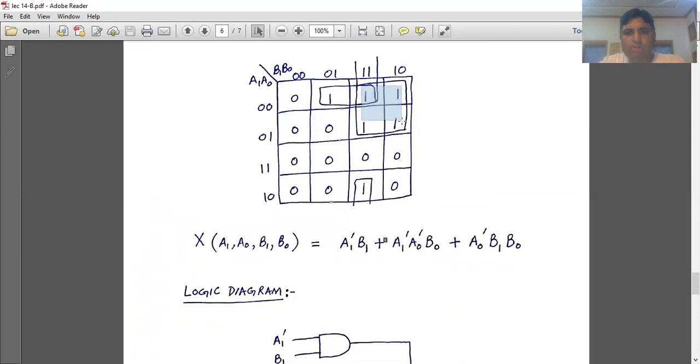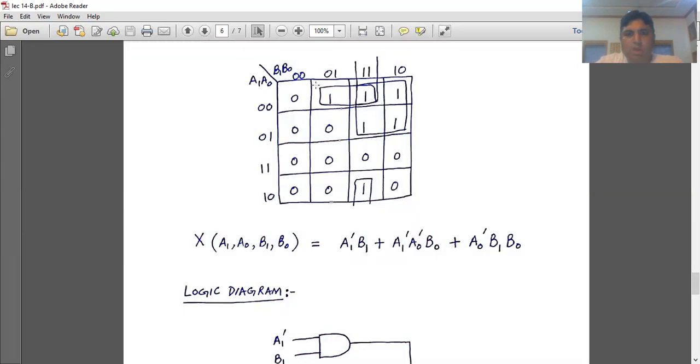When you take these four adjacent squares or group, which variable is eliminated? A naught is 0 here, A naught is 1 here, A naught is eliminated. So we will get A1 bar. And on this side, B naught is 1 here, B naught is 0 here. So B naught is also eliminated. So we will get A1 bar and B1.